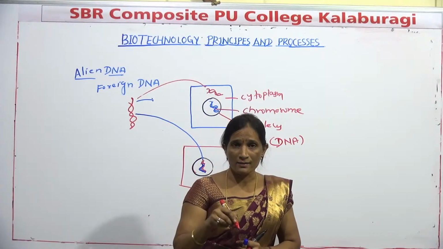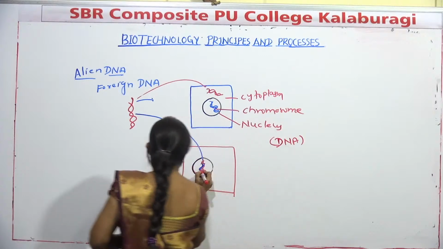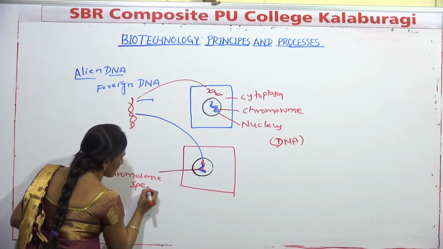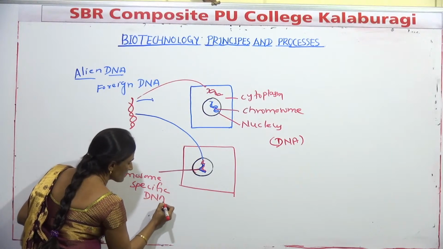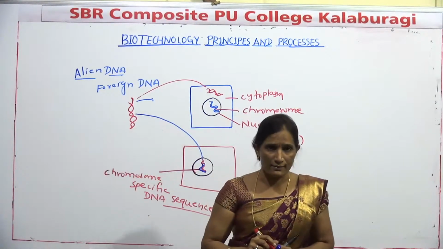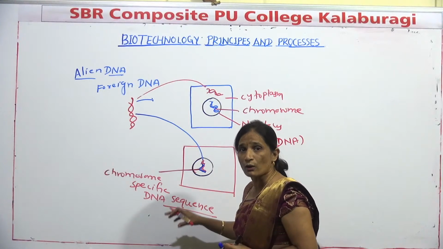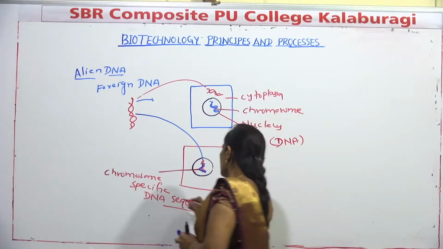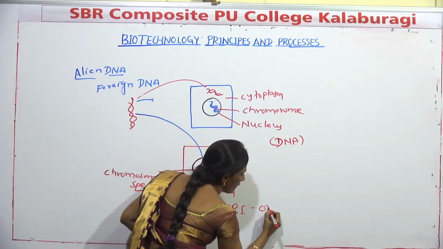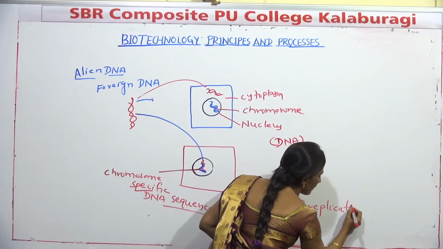Because the chromosome has a specific DNA sequence, or nucleotide sequence, and that specific DNA sequence is called ori, the origin of replication.